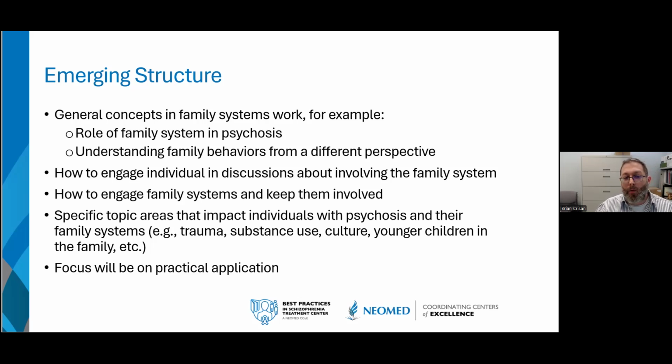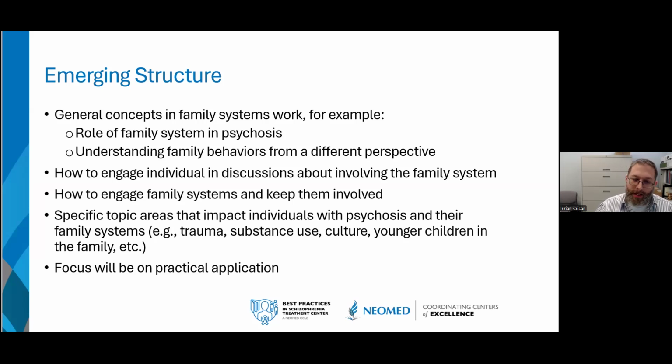We also just try to train clinicians on how to start the conversation about involving family members in the work. Different people want their family members involved at different levels, right? So you might work with a person who has psychosis who wants a lot of involvement of family members to support them. You might work with a different person who has psychosis who wants their family members to have very specific and limited roles in their treatment.